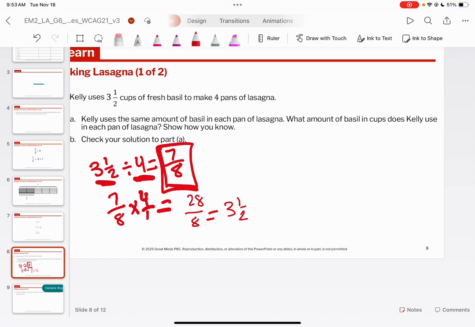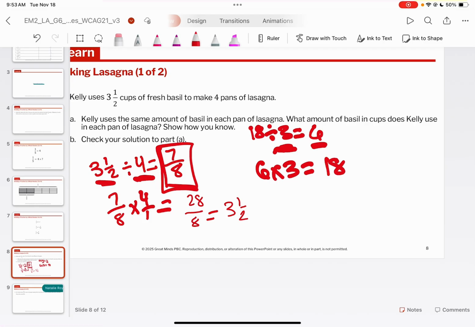So, for example, 18 divided by 3 equals 6. I know that 6 times 3 has to equal what? If 18 divided by 3 is 6, that tells me that 6 times 3 equals 18. Do you see how we're checking our work?